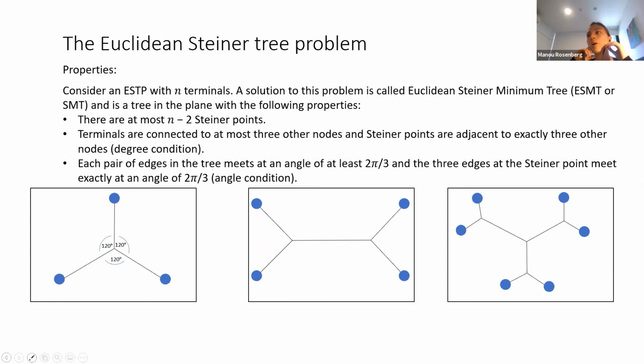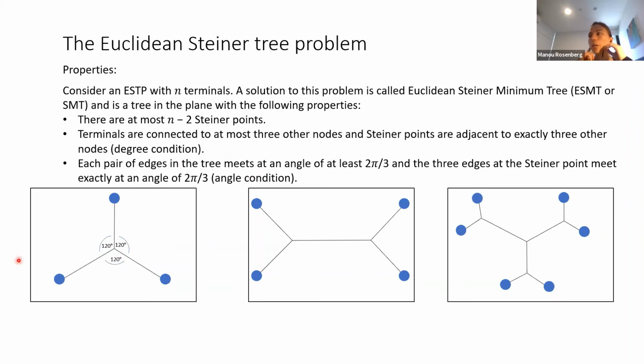So we know the maximum number of Steiner points in a Steiner minimum solution is n-2 if we have n nodes to connect. We always have this 120-degree condition for a Steiner node between all of the edges that we connect through it, and we are going to use this degree condition later on.